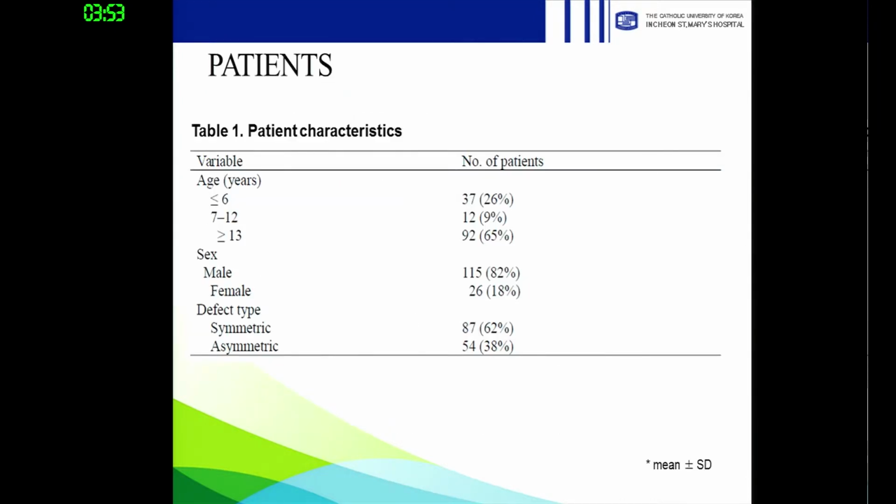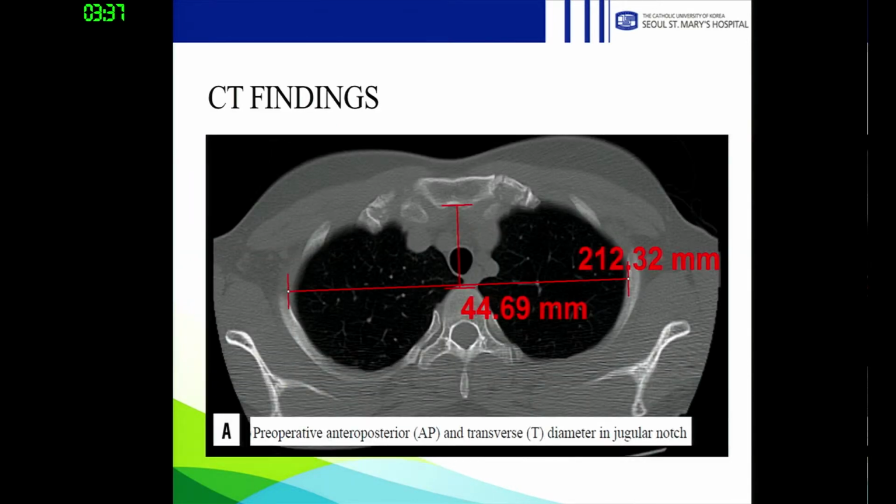The baseline characteristics of patients who underwent the Nuss procedure are summarized. Of 141 patients, 87 had symmetric and 54 had asymmetric pectus excavatum. Like this, we measured the thoracic dimension at three anatomical landmarks.